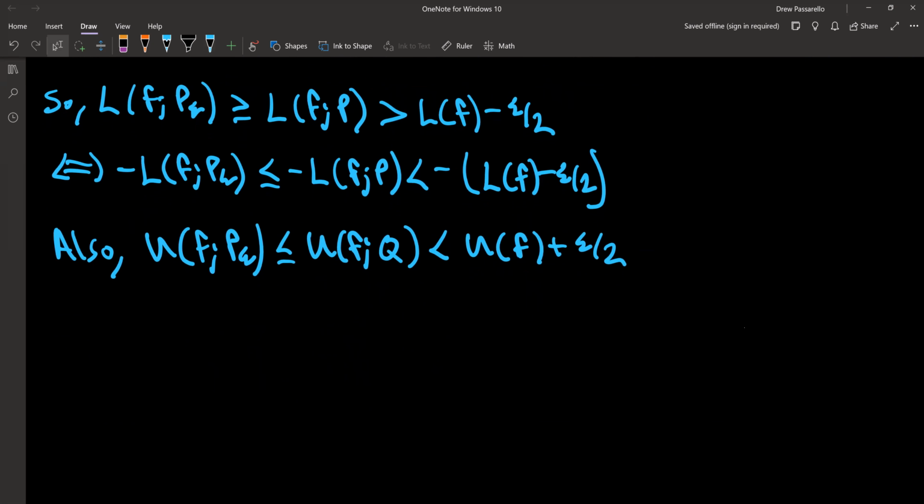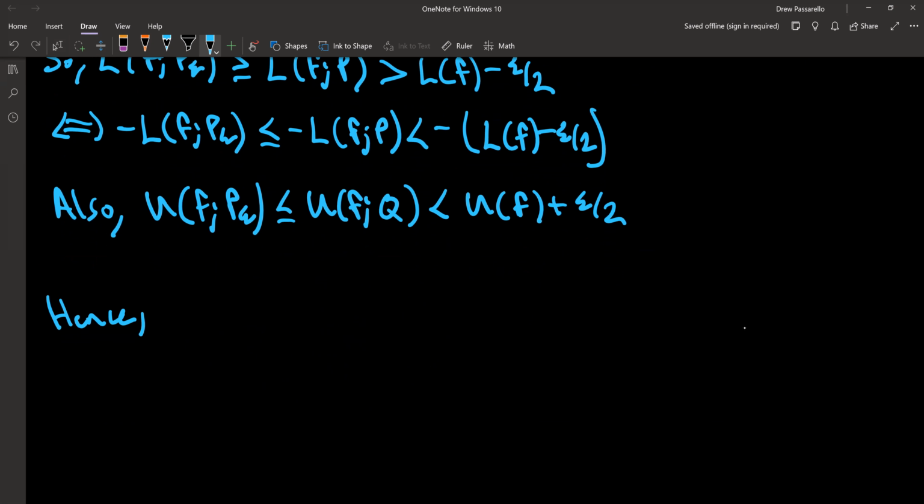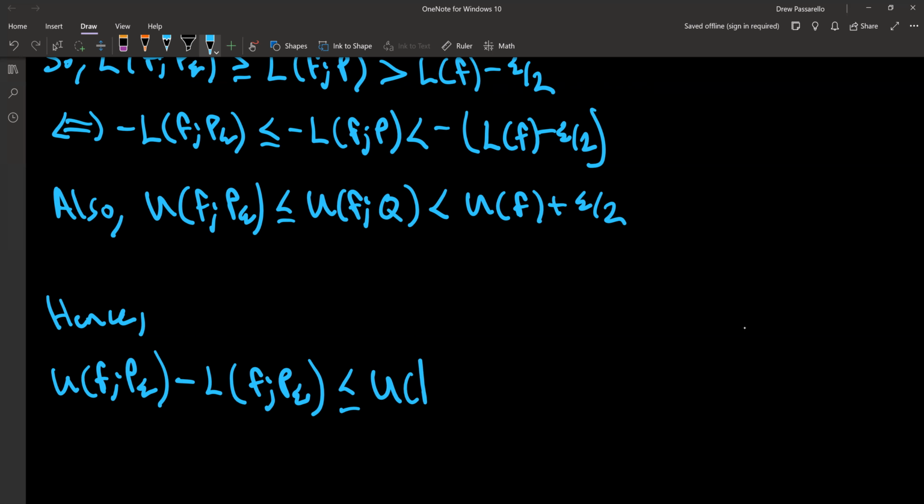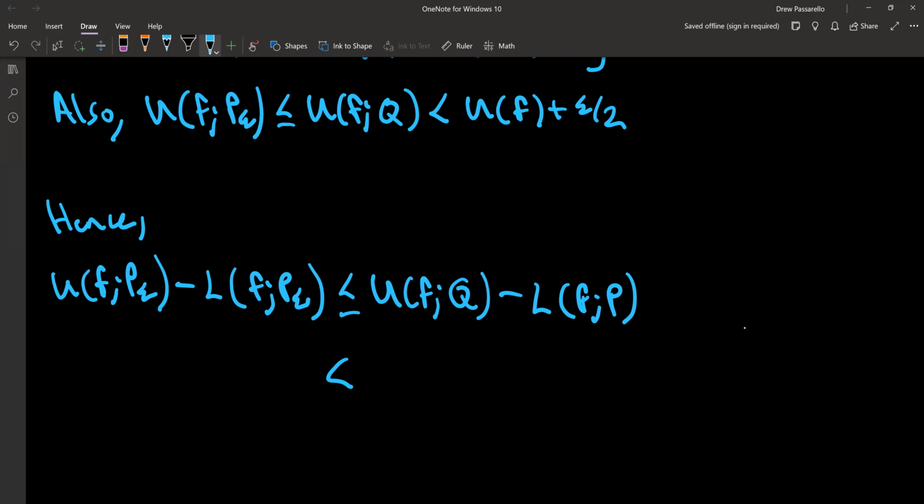So therefore, if we combine, hence when we do the upper sum of our partition P of epsilon minus the lower sum of partition P of epsilon, well, we know the upper sum of that is less than or equal to the upper sum with Q. And we know that the negative of the lower sum of P of epsilon is less than the negative of the lower sum of P. So this will be less than U of f of Q minus L of f of P. And we know U of f of Q is less than U of f plus epsilon over 2.